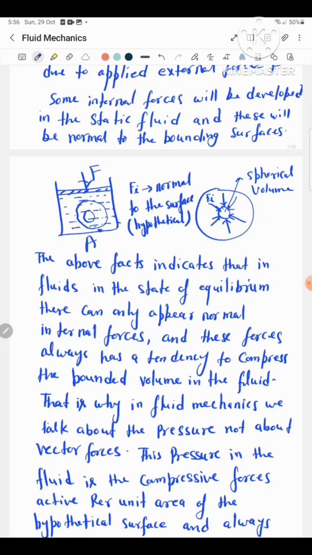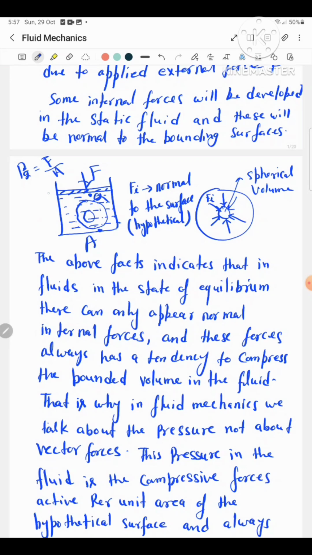So the pressure on this point, suppose Q, will be equal to the perpendicular force upon cross-section area A. That pressure only will transmit to here.